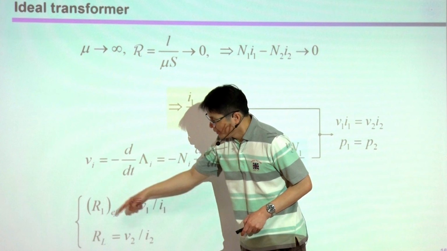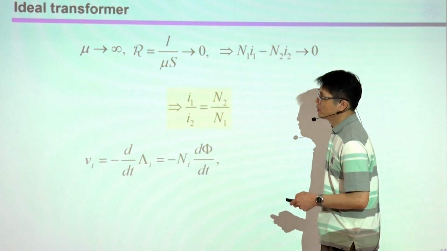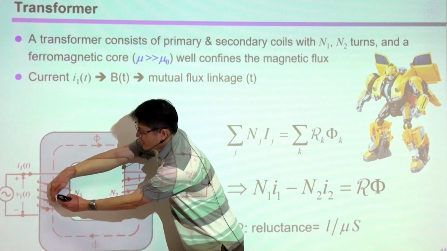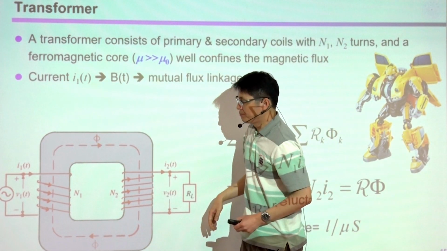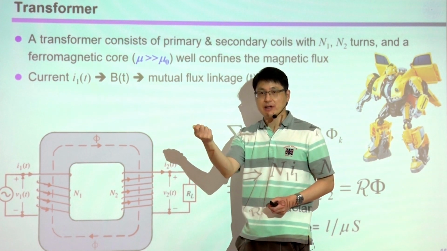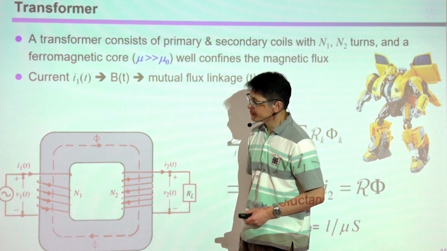We are viewing the transformer as a magical black box. We don't really know what's happening inside, but we know our load. Our load is your device to be used, to be connected. Okay?